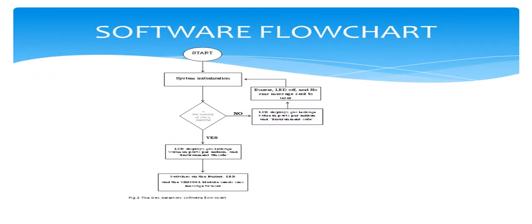Next is the flow chart for the decision making of the microcontroller. The system initializes, and if the quantity of gas in the environment of test is greater than or equal to 200 ppm, the LCD, the LED, and the buzzer will be activated, and a text message is sent to the user.